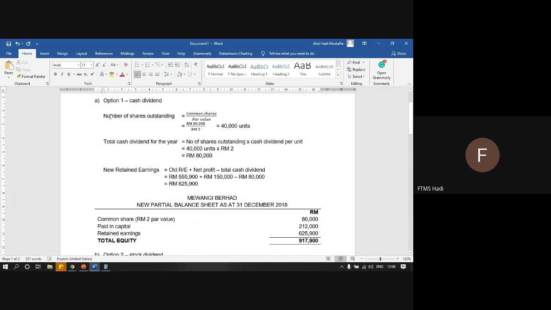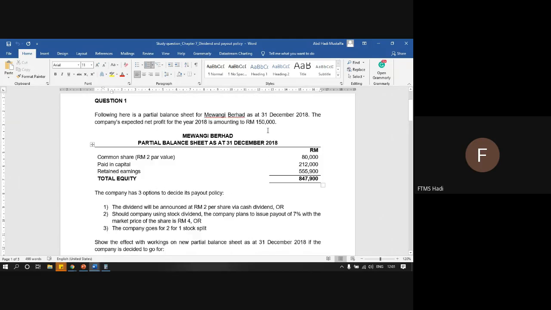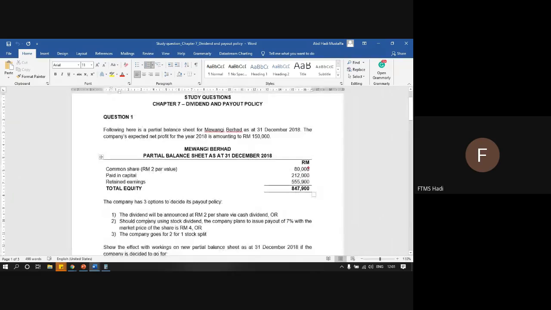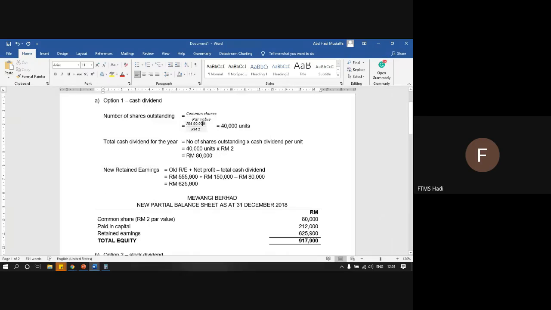How do you find the number of shares outstanding? Use the formula of common shares divided by par value. To get common shares, you need to look back at the question. The common shares amount is 80,000, and the par value of this question is 2 ringgit. So 80,000 divided by 2 ringgit is 40,000 units if you press the calculator.